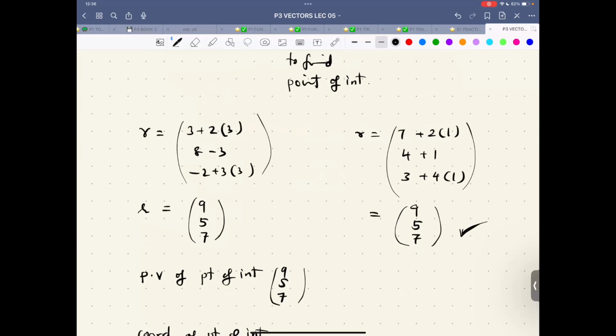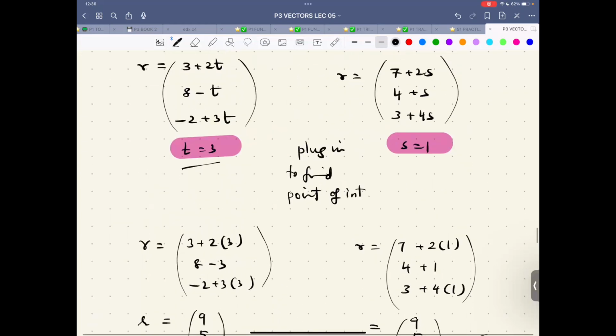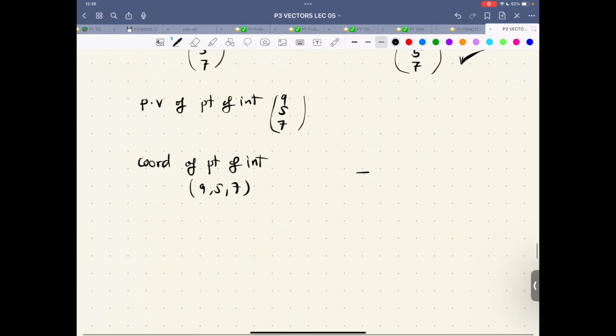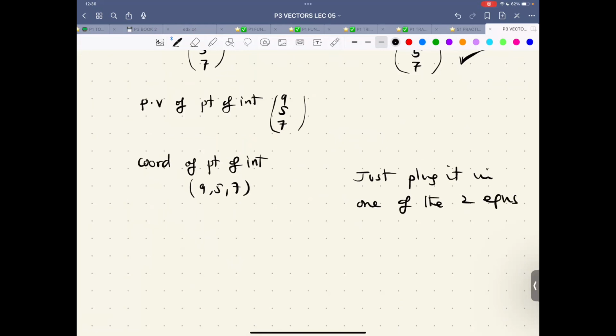Of course, it will give the same answer. So your choice whether to plug t equal to 3 in its relevant equation or s equal to 1 in its relevant equation, just do one of them to find the point of intersection.